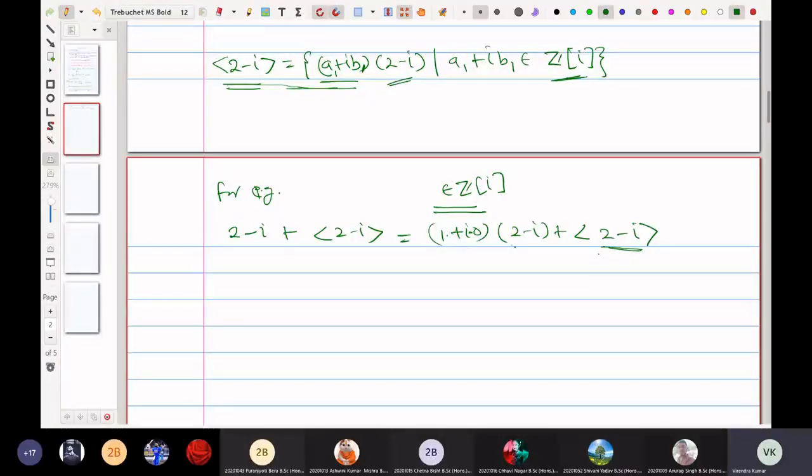Also, because this 2 minus i is an ideal, it will be a left ideal as well as a right ideal. So ra and ar should be a member of what? This 2 minus i. This should be a member of I.